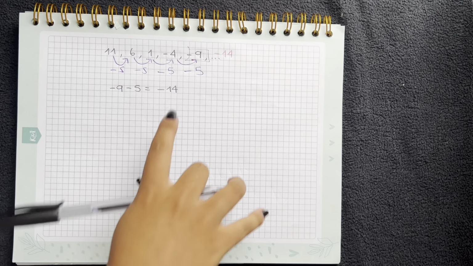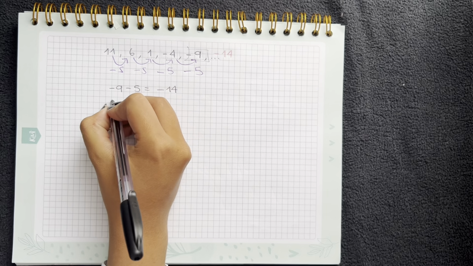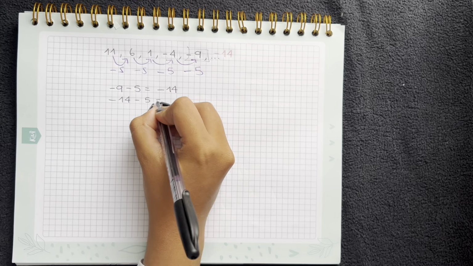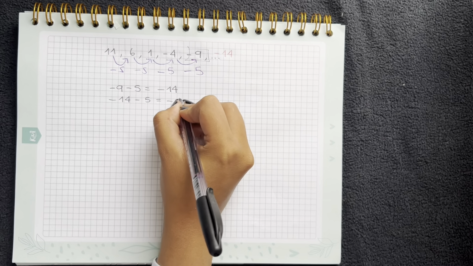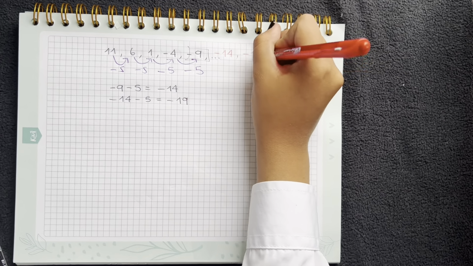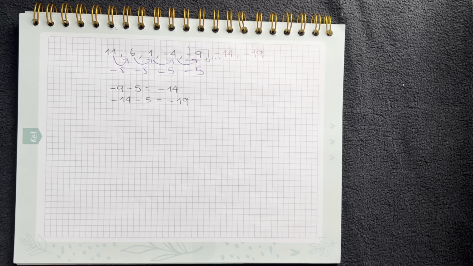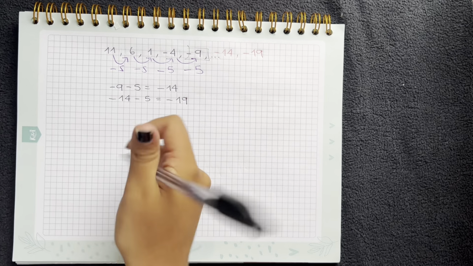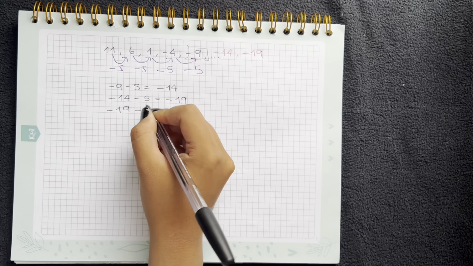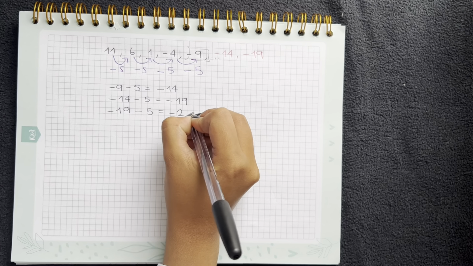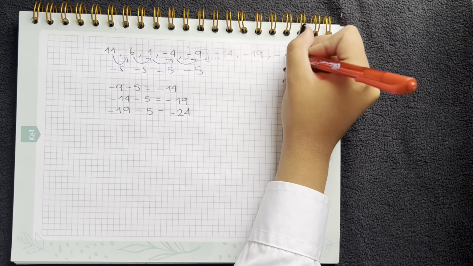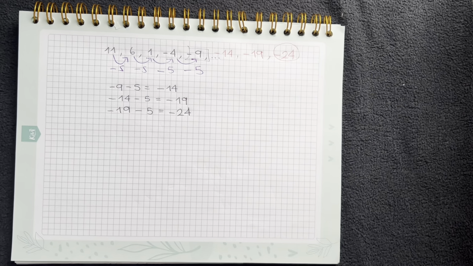Now that we know that it is minus 14, we take minus 14 minus 5, and that will give us a result of minus 19. So that will be the next term, minus 19. And finally, as we know that it's minus 19 now, minus 19 minus 5 is equal to minus 24. And that is the last term that we need to find in this case.